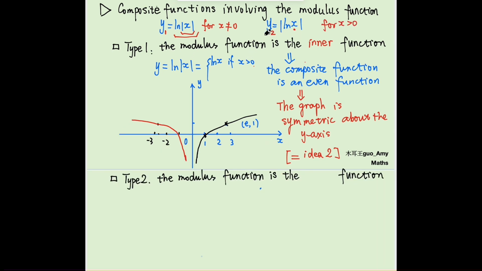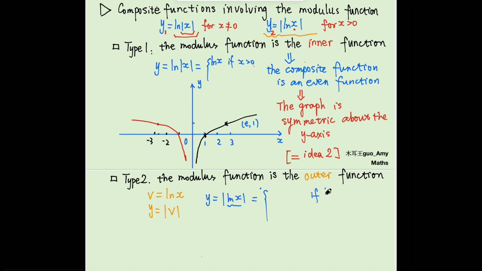Now let's focus on the second function, y2. ln x is the inner function. We let it be v. An outer function will be the absolute of v. In this case, we know the absolute function is the outer function. How can we sketch this? The first step, we will rewrite the function.